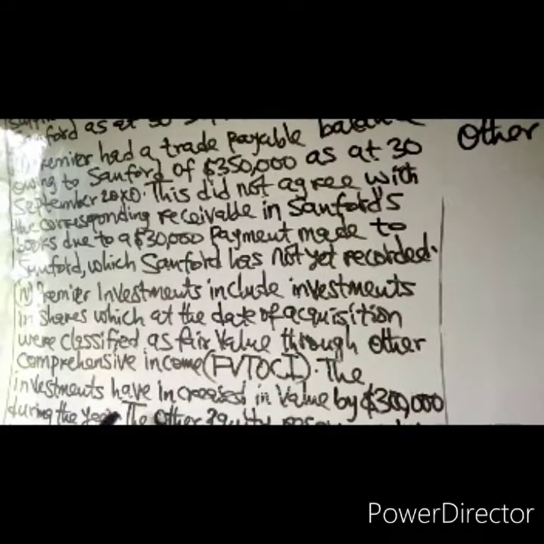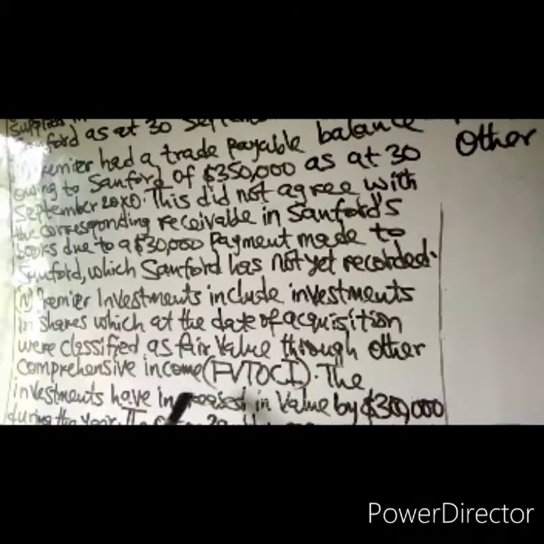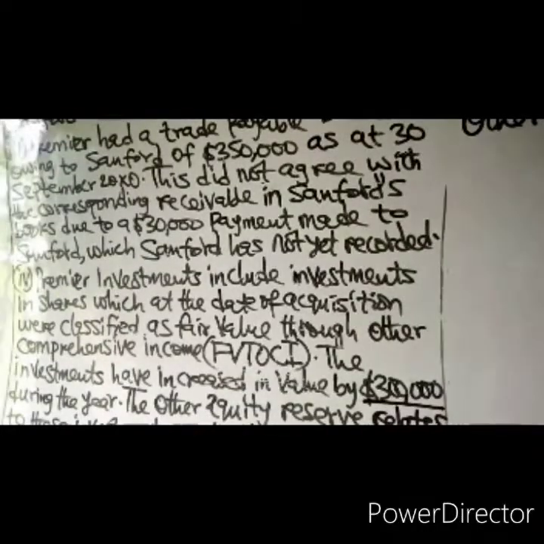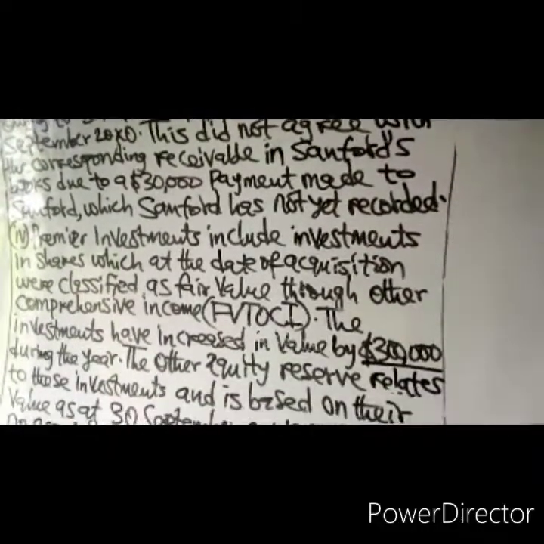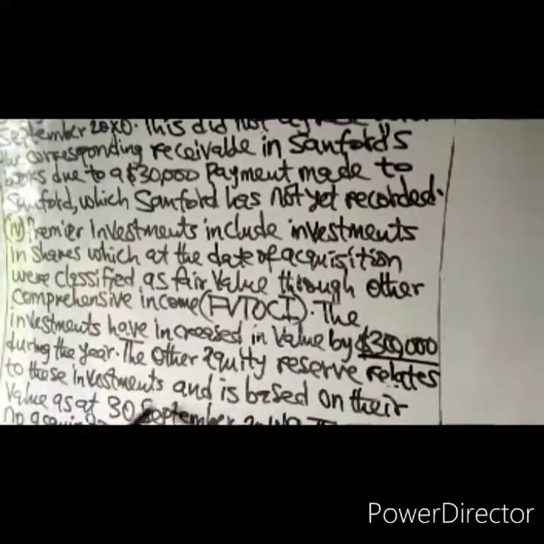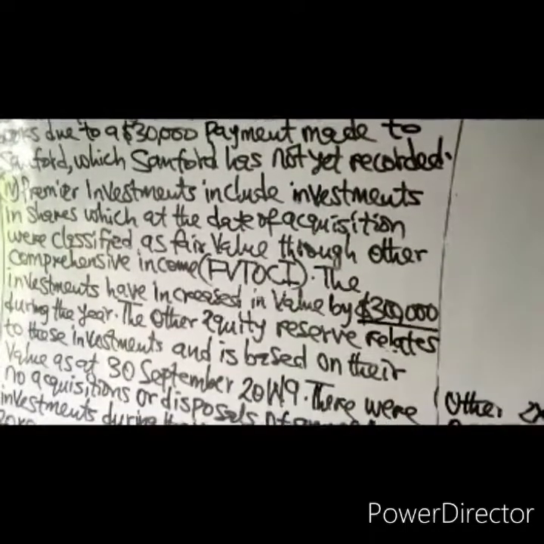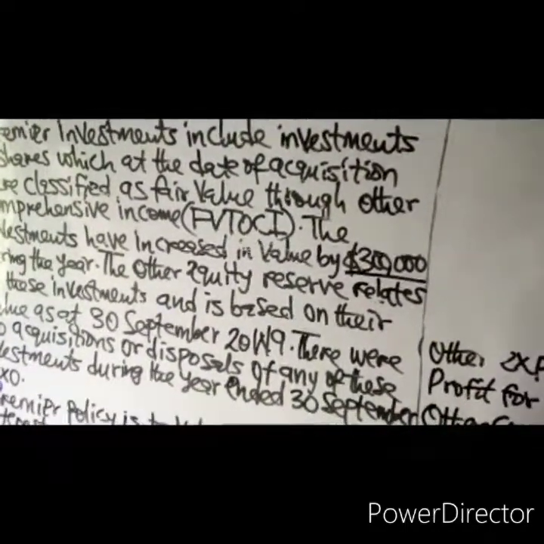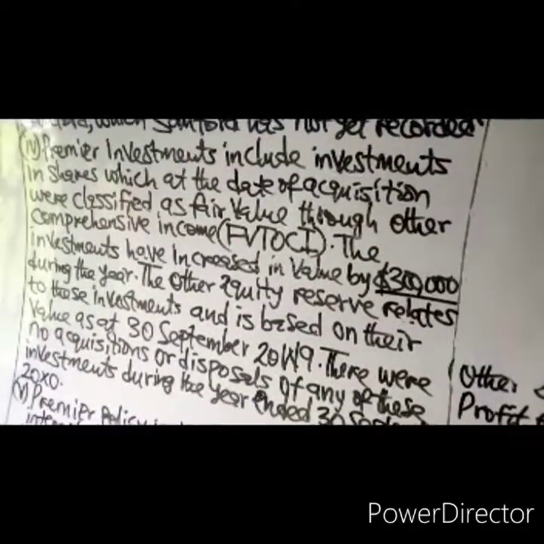The investments have increased in value by $300,000 during the year. The other equity reserves relates to this investment and is based on their value as at 30 September 2009. There were no acquisition or disposal of any of these investments during the year ended 30 September 2010.